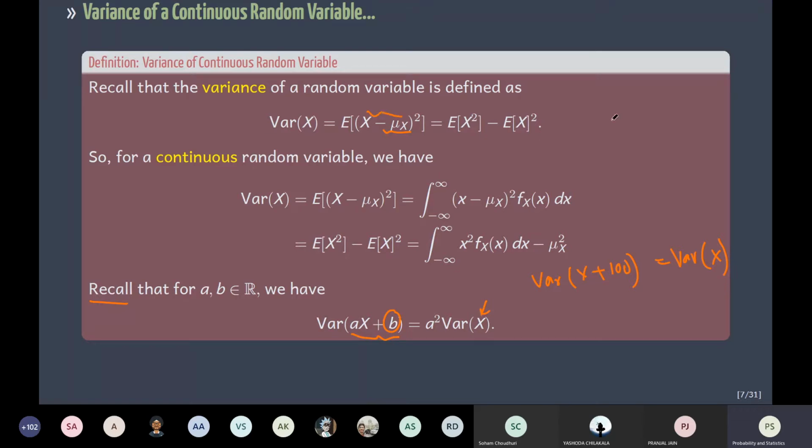The further you are from the mean, the more that number is squared and the more it contributes to the variance. So more variance means your data is more spread out.